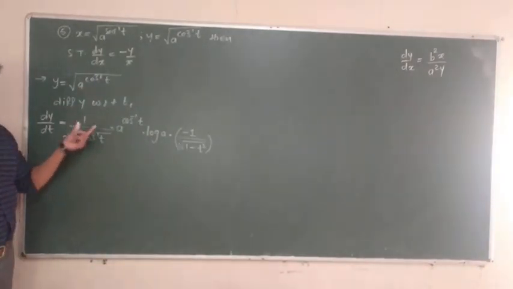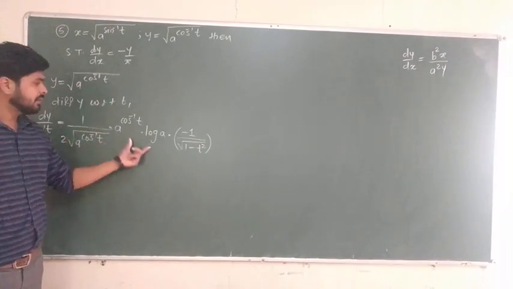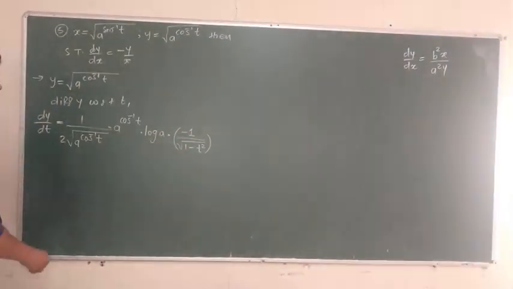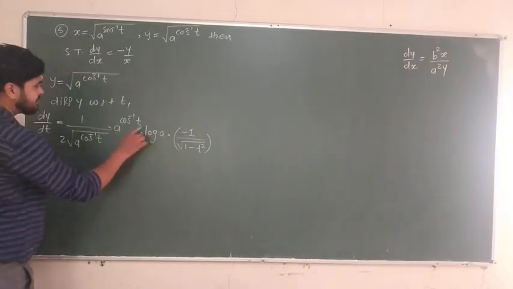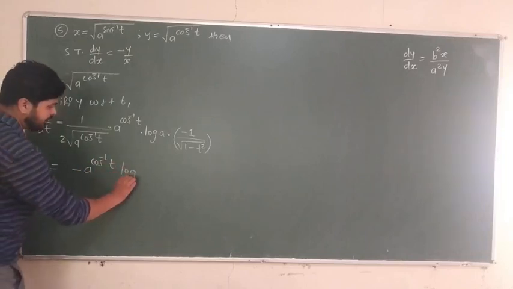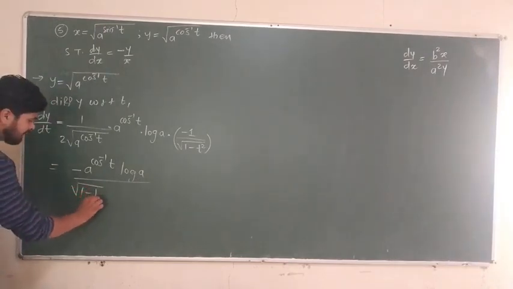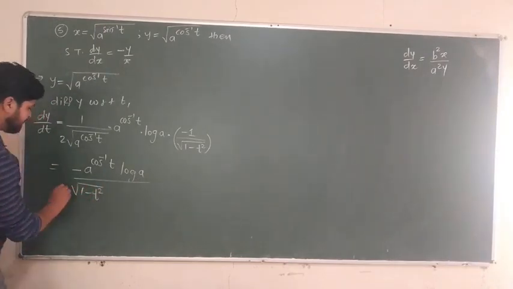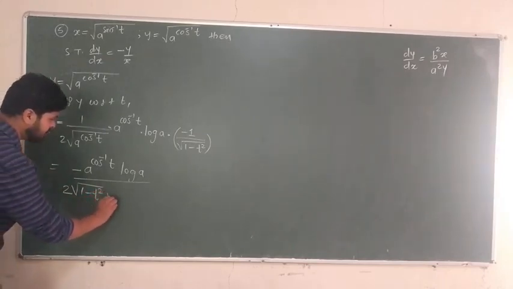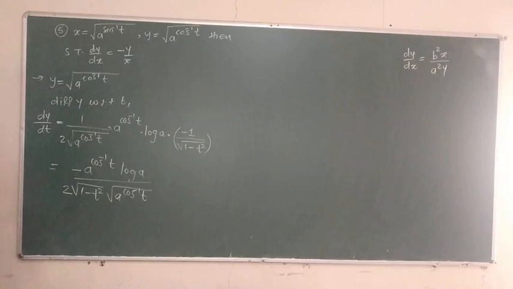So first we find the derivative of the square root function, then the derivative of a to the power, then the derivative of cos inverse. If I simplify this, it is equal to minus a raised to cos inverse of t into log a upon root 1 minus t square, into 2 into root a raised to cos inverse of t.